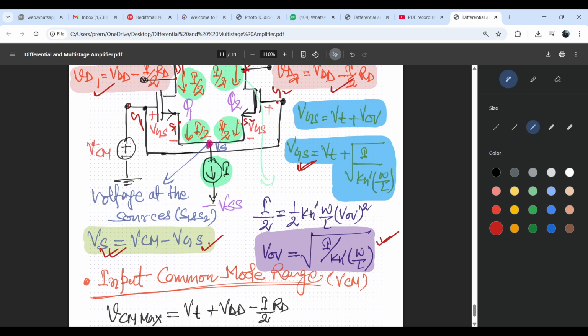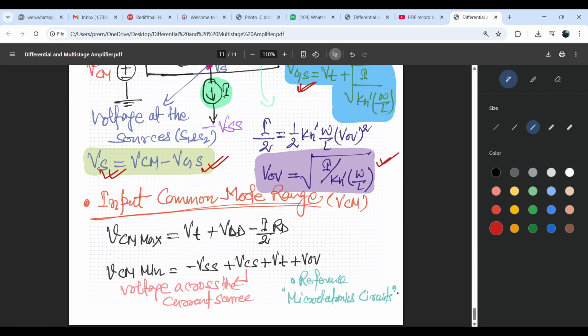Simple Kirchhoff's voltage law. And the input common mode range will be like this: VCM max is VT plus VDD minus I by 2 RD, and VCM minimum is minus VSS plus VCS plus VT plus VOV. For more detail, you can go to the microelectronic circuits book; I have made these notes from that book.